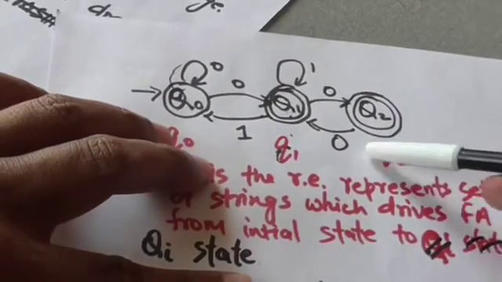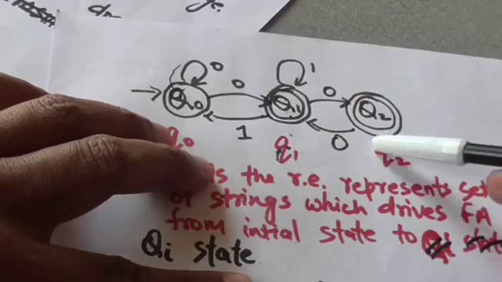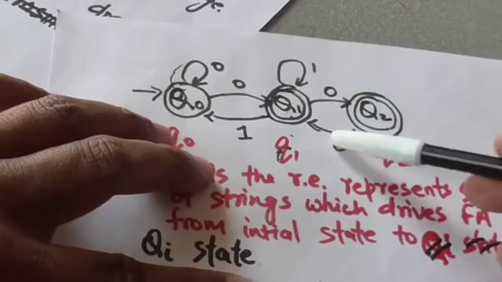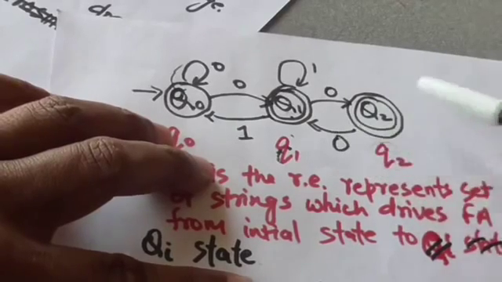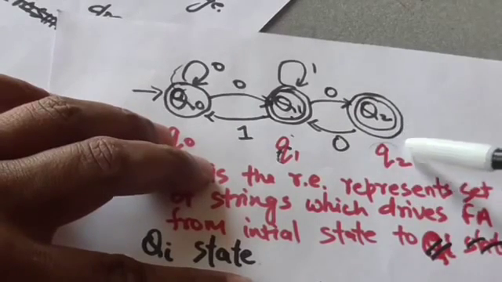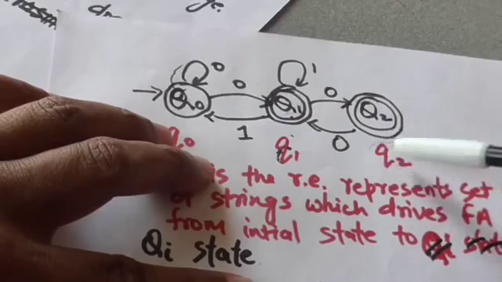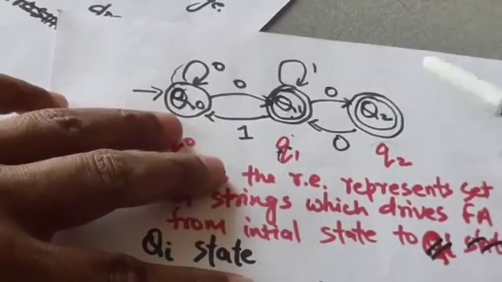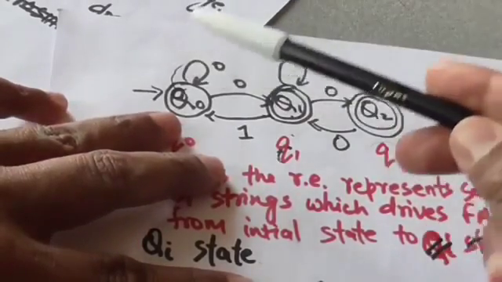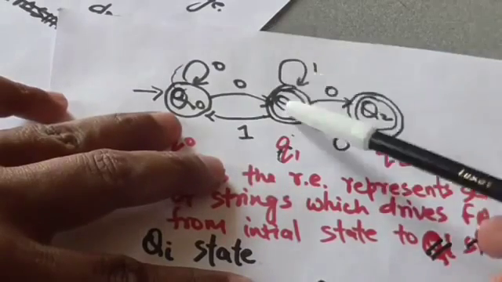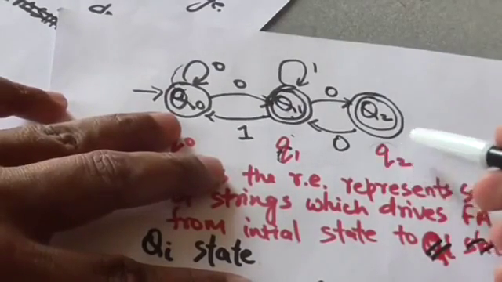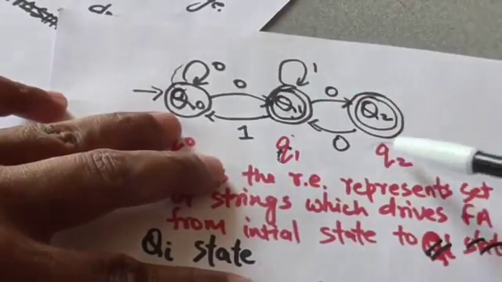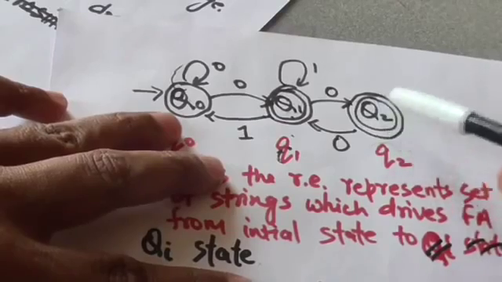Now, when the strings of regular expression Q2 are concatenated with input symbol 0, the strings which we get after concatenation will be the strings which drive the finite automata from its initial state to state Q1, because the strings of regular expression Q2 drive the finite automata from its initial state to state Q2.